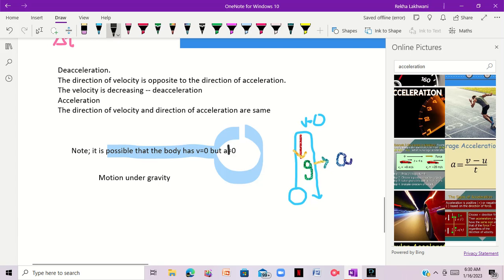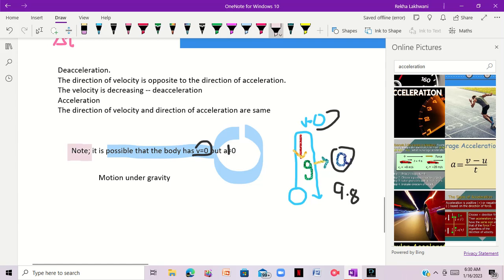It means that there is acceleration, but the velocity is 0. So a body can have 0 velocity and the acceleration will not be equal to 0, there will be a certain magnitude of that acceleration, which is basically 9.8 meter per second square, which is the magnitude of gravity, which is this acceleration. So it is a very important point to note down.